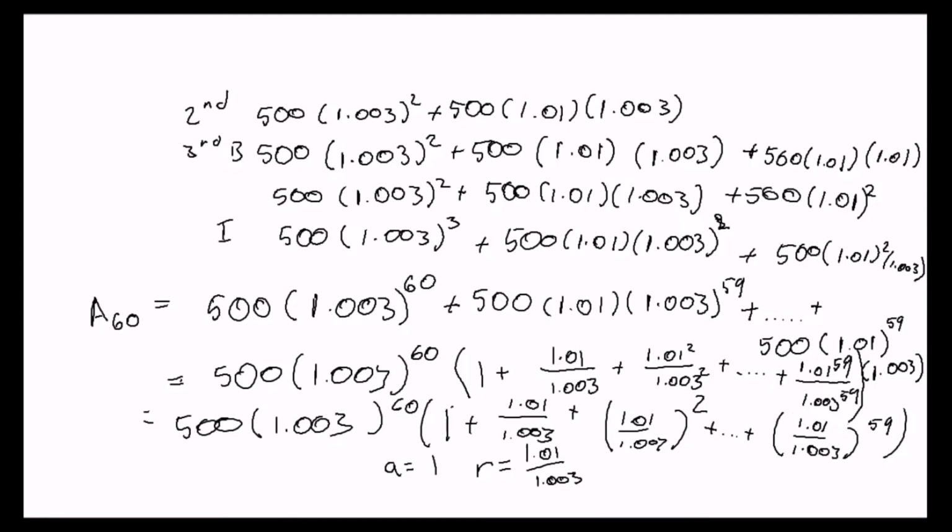Mm-hmm. So in that case, what are we going to have? We use the geometric sum equation. I think that was A times R to the n minus 1 over R minus 1. It was something like that. So A times R to the n minus 1.